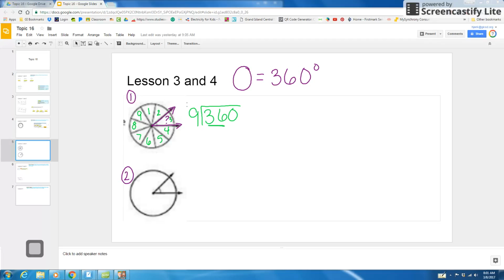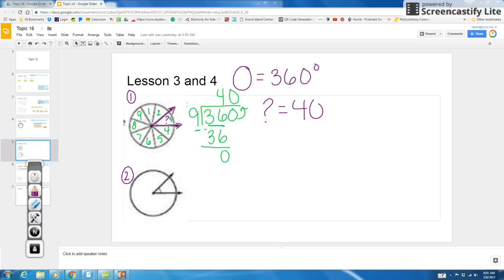I see a basic fact here, which is 4 times 9 is 36. Okay, and I can just bring up my 0. So our missing angle, based on that, our question mark, is equal to, and you would write it exactly like this, 40 degrees.